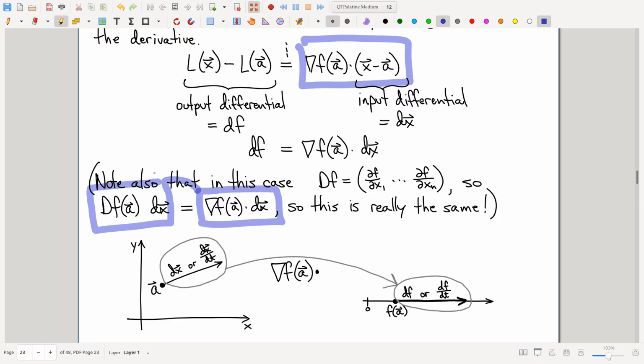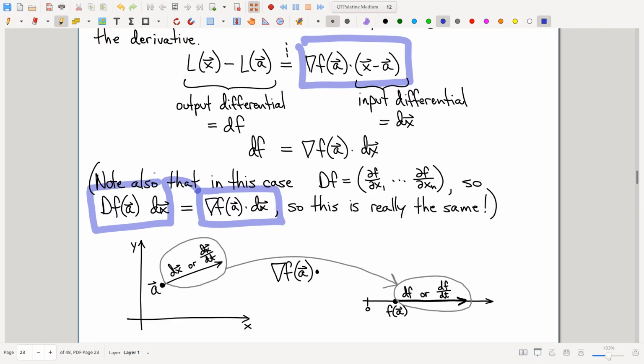It's the exact same arithmetic. You're multiplying the exact same elements, the exact same partial derivatives, times the dx input differential.